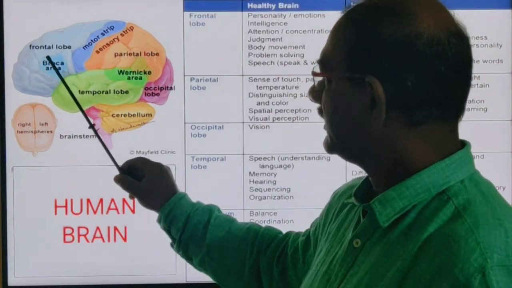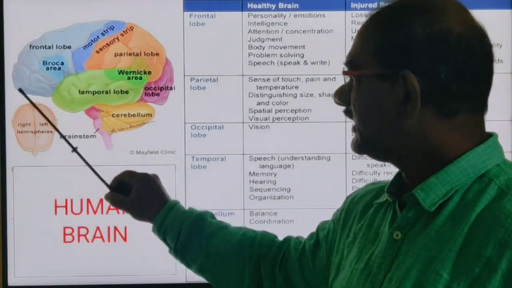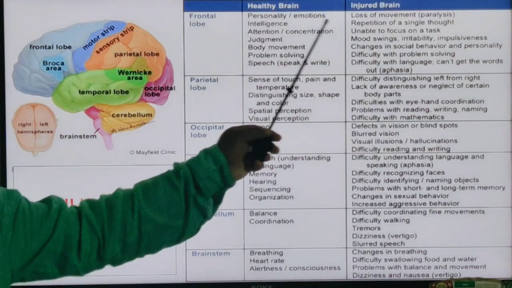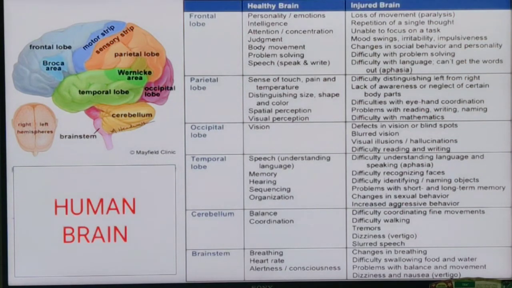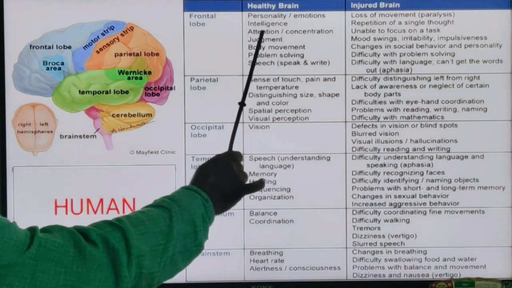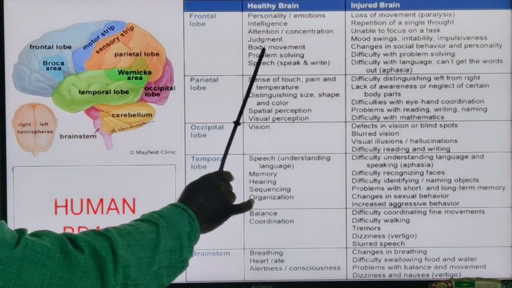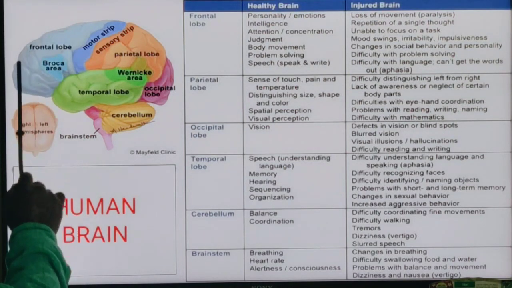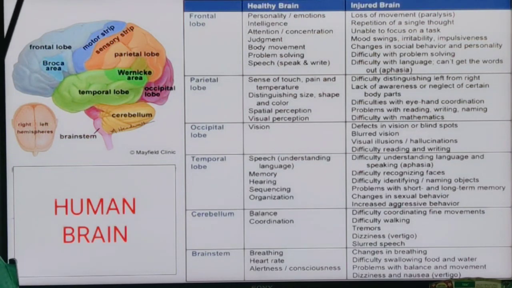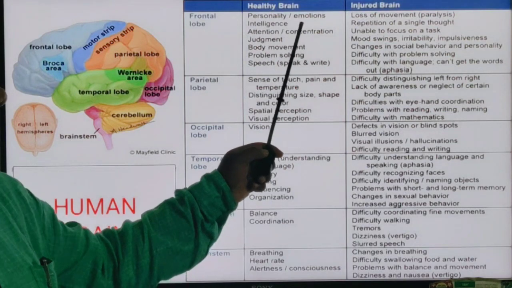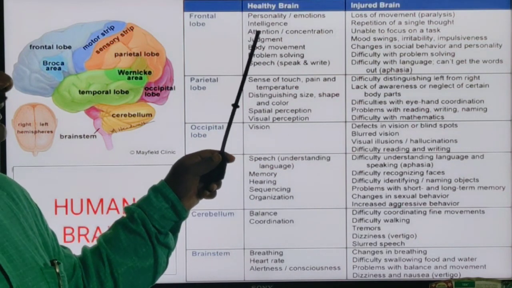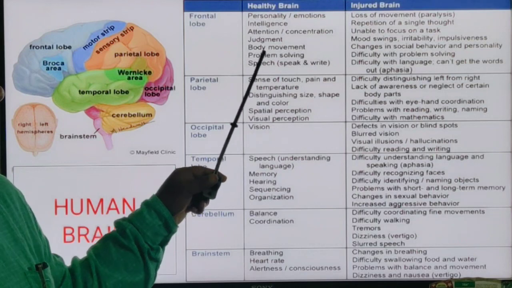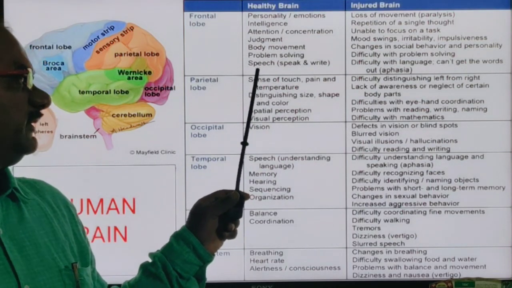First is the frontal lobe, which offers various functions in a healthy brain and in an impaired brain: personality, development, emotions, intelligence, attention, concentration, judgment, body movement, problem solving, and speech. If the brain is healthy, personality is proper, all types of emotions occur regularly, and intelligence, attention, concentration, problem solving, judgment, thoughts, body movement, and speech are normal.